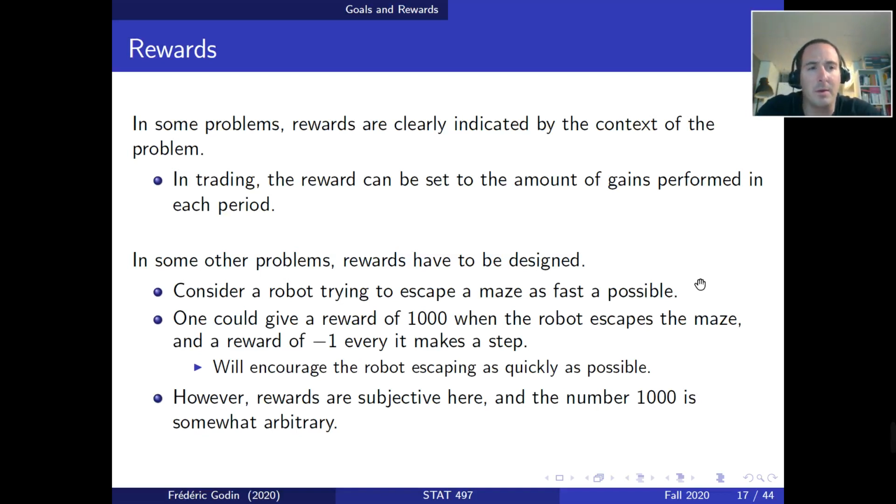But for other problems, it's not so straightforward. Okay, so you have to design the reward to allow your agent to learn what you want him to learn. So, for example, if you have a maze and you want to train a robot to escape the maze as fast as possible, what you could do, for instance, is to give a reward of 1,000 to the robot when he escapes the maze, and a reward of -1 every time it takes a step.